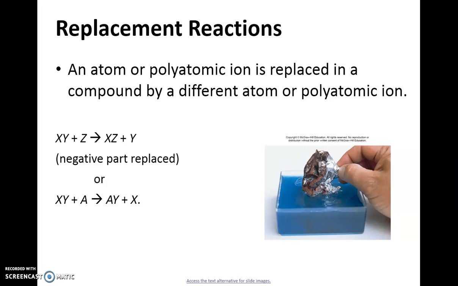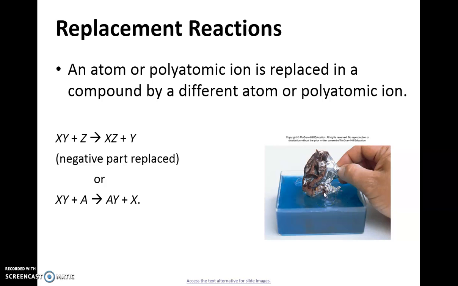Okay, we have replacement reactions. In a replacement reaction, an atom or a polyatomic ion is replaced in a compound by a different atom or polyatomic ion. They show this little example here. This is copper chloride. Whenever you put aluminum foil in the copper chloride, the aluminum actually trades places with the copper.